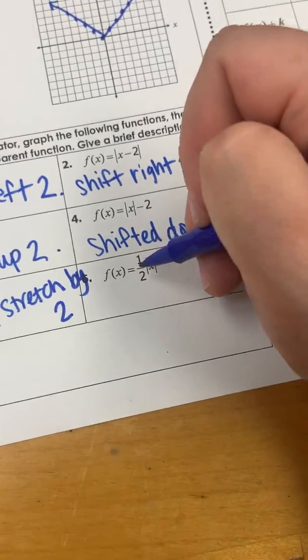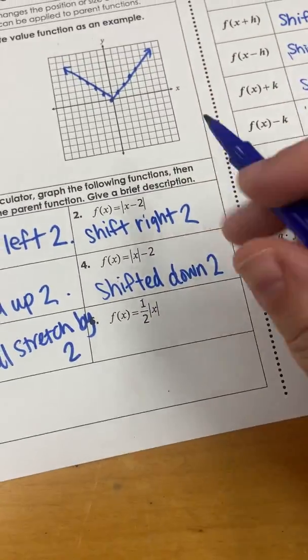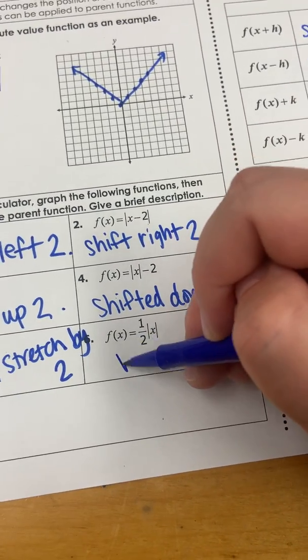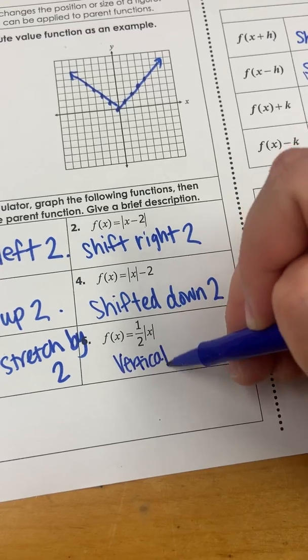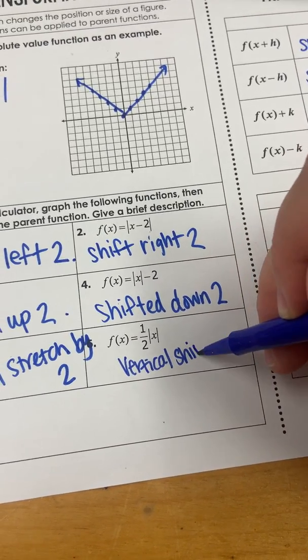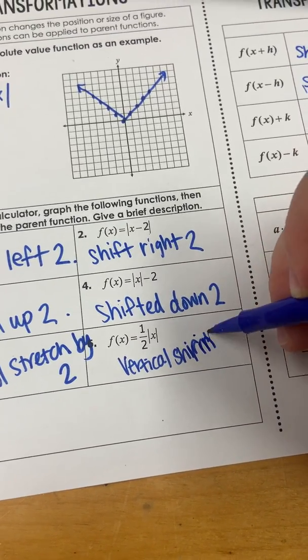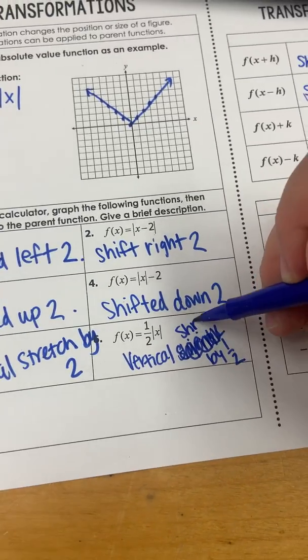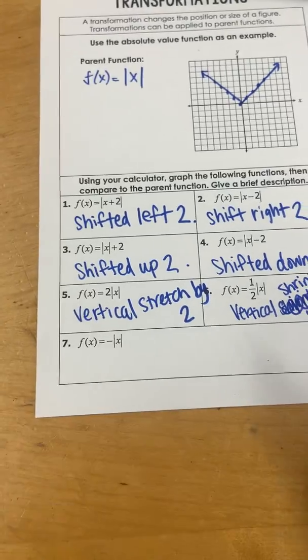And since this value multiplying by the absolute value of x is between 0 and 1, this is your vertical shrink by a factor of 1/2. Oops, this should say shrink. Okay, last problem.